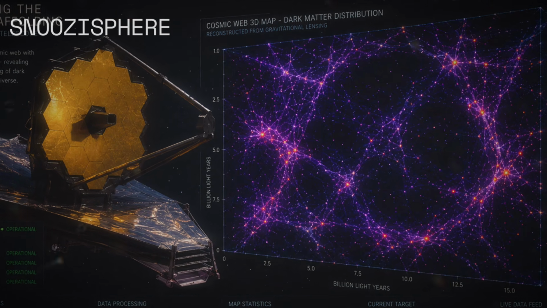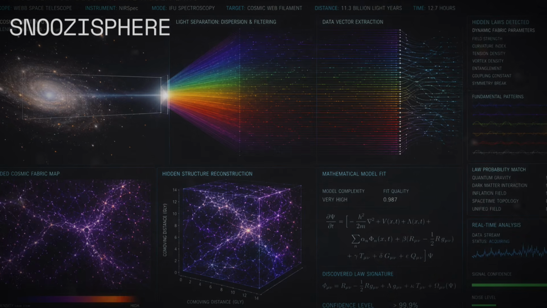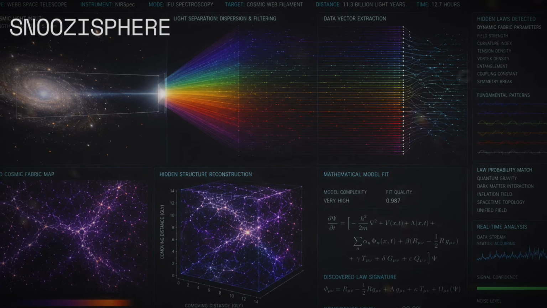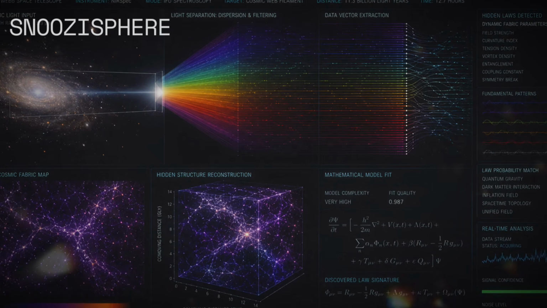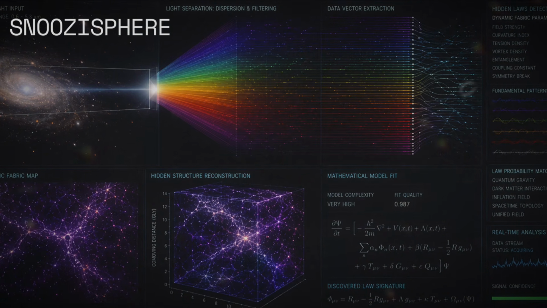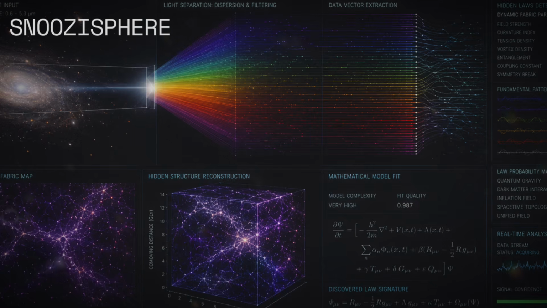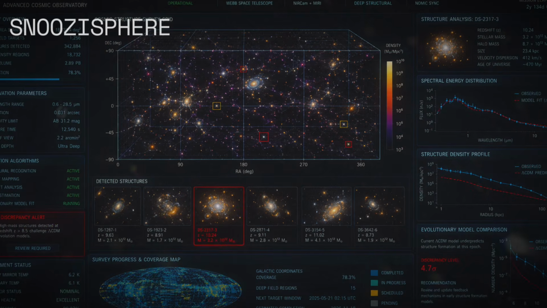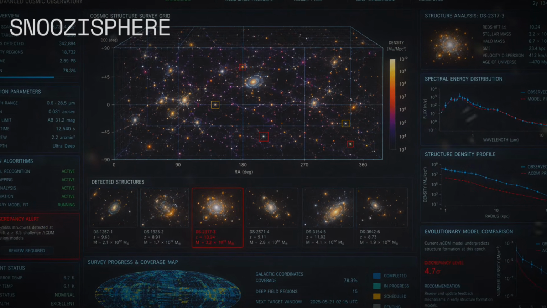The grand spiral arms of distant star systems rotate with a precise and steady velocity that defies simple explanation. If only the visible stars and gas were present, the outer edges of these galaxies would fly outward into empty space.